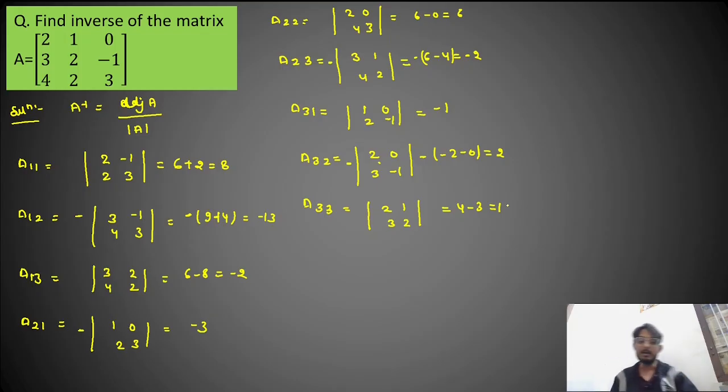Now you can find the adjoint of A, which equals the transpose of the matrix of cofactors of A. So what is the matrix of cofactors of A?